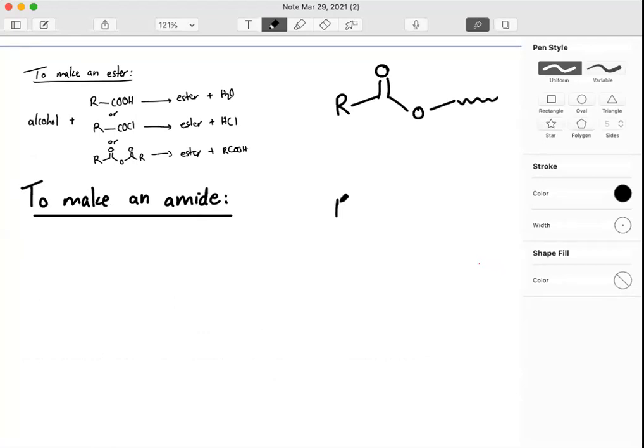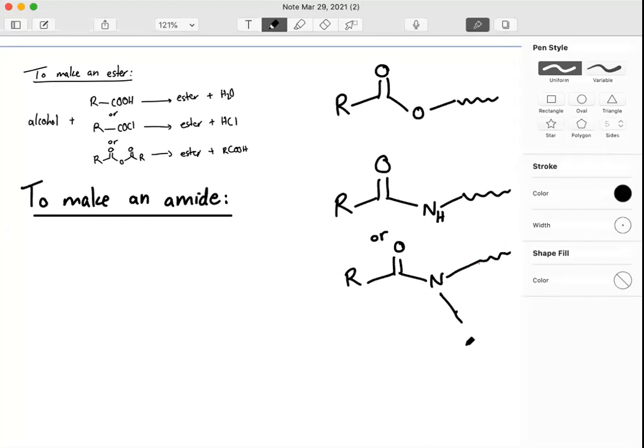So the amide is exactly the same, but instead of O, I will add an H. Or it doesn't have to be like this, it can be like this. R double bond O, and a branch from here and a branch from there. So this is an amide and this is an amide. Are we good?